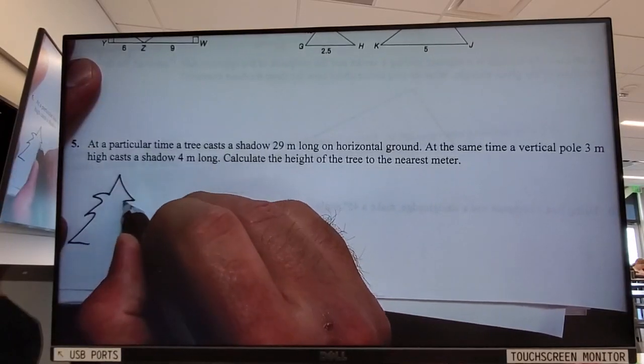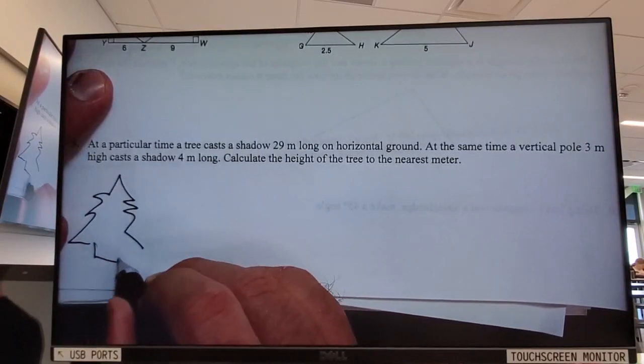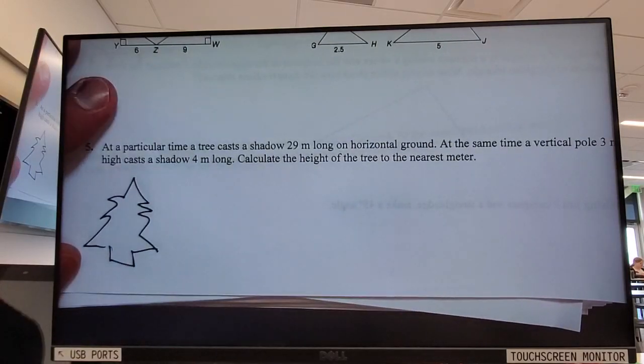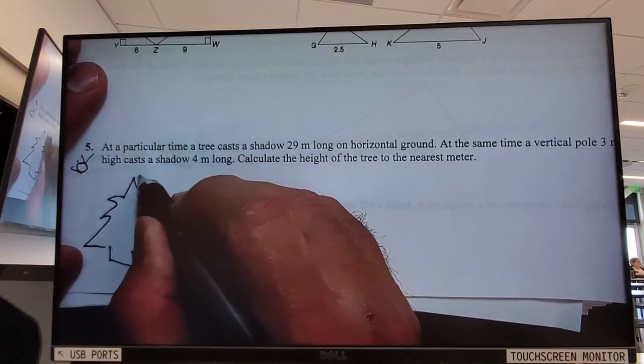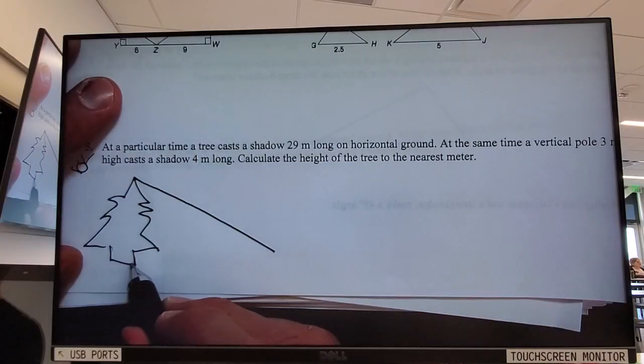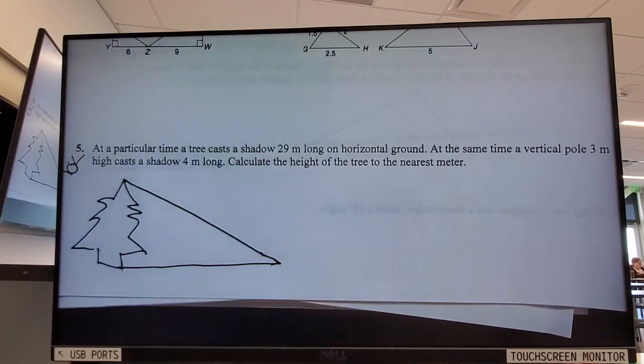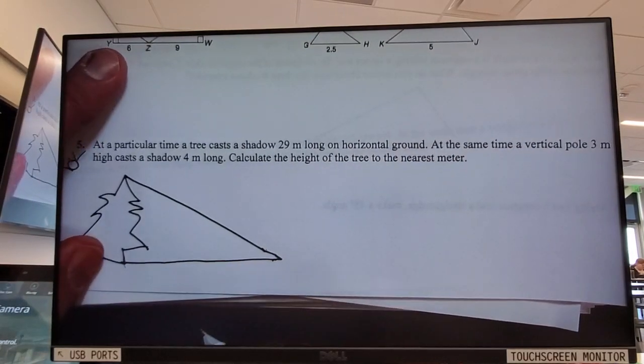Gotta draw. Trees had a rough life. Put the sun up here. It's pretty much the same. Yeah, same picture I drew on the answer to this.